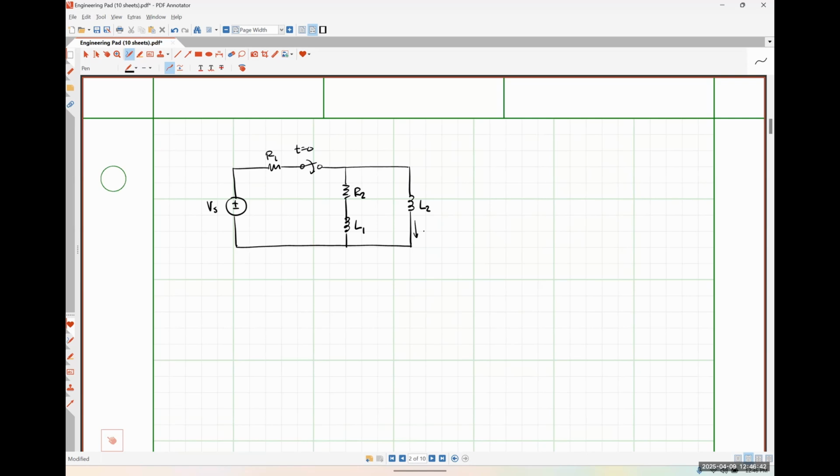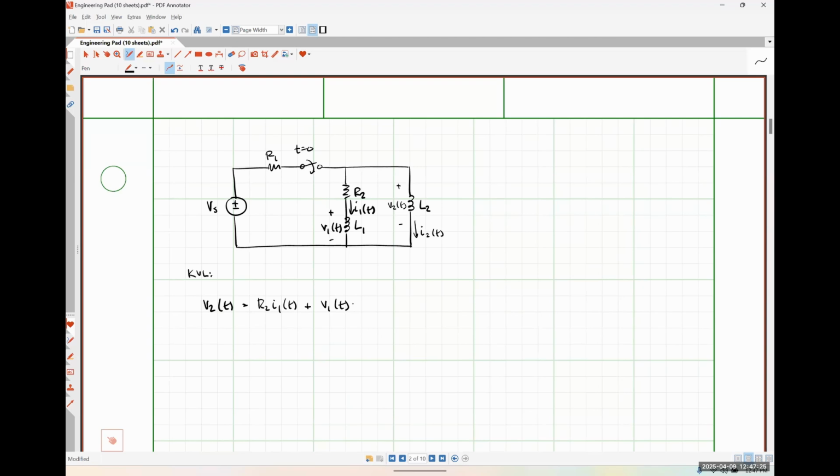So let's define the current flowing through this one as I2. This will be our voltage V2. This current flowing down through here will be I1, and this will be V1. I'm going to approach this exactly like I did the last problem. My KVL equation: V2 is equal to R2 times I1 plus V1 of t.